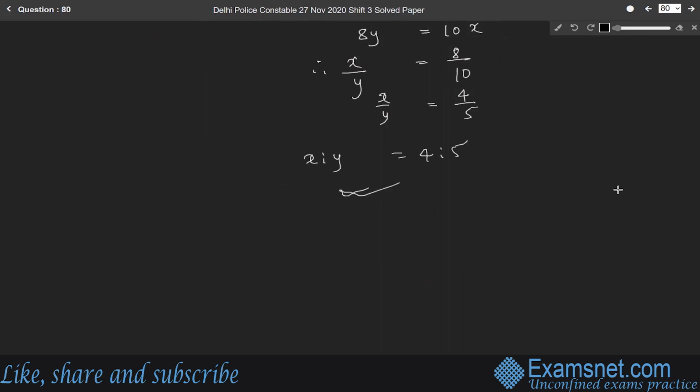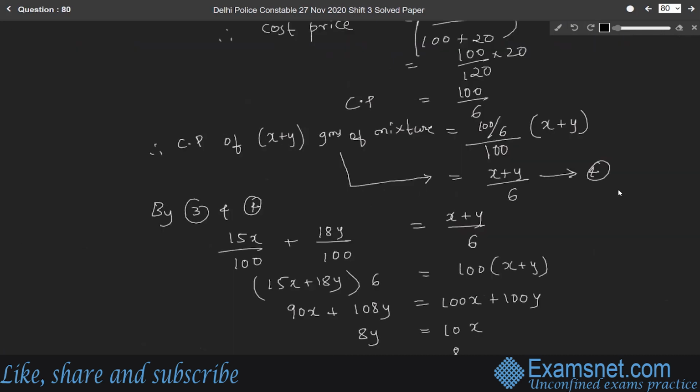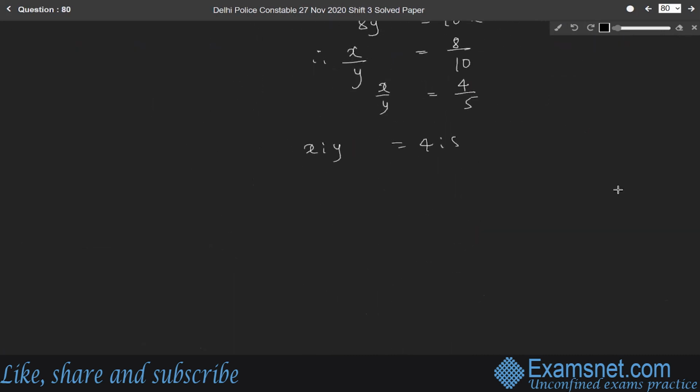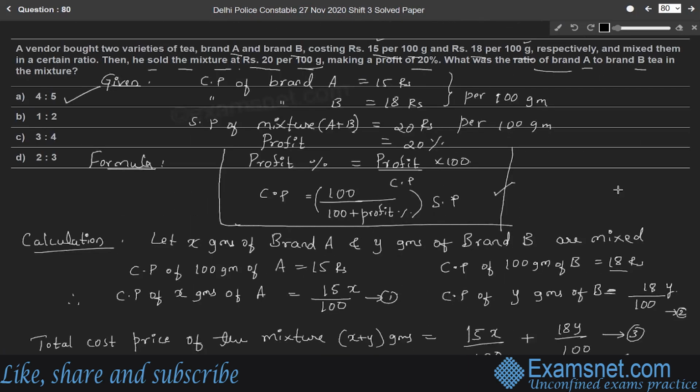So what is X is to Y? Yeah, the ratio of the mixture of brand A to brand B. X is of brand A, Y is of brand B. So the ratio is 4 is to 5. Hence, answer is option A.